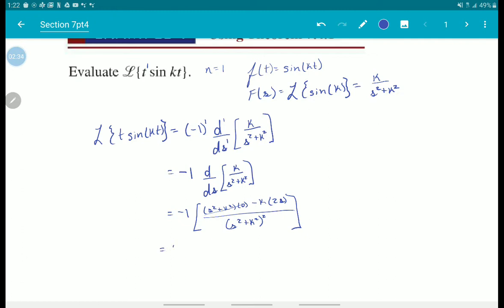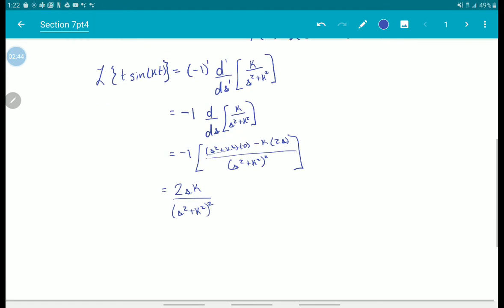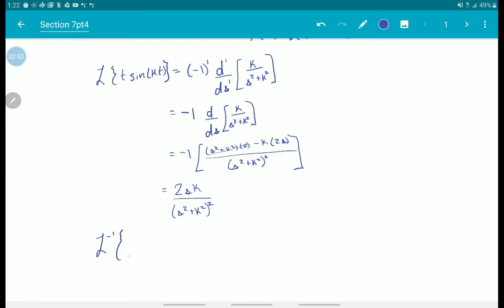So we're going to end up with 2sk over s squared plus k squared quantity squared. So we would say the Laplace of this guy is equal to that. And likewise, if we wanted to go backwards and take the inverse Laplace of 2sk over s squared plus k squared quantity squared, we would get that guy back.